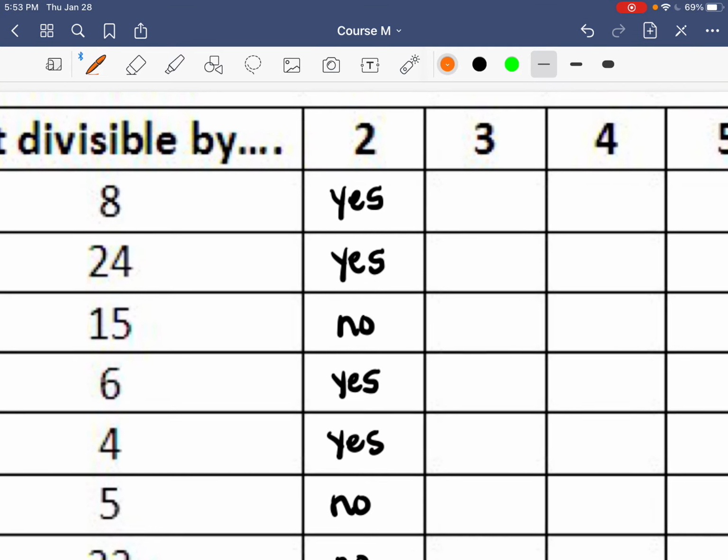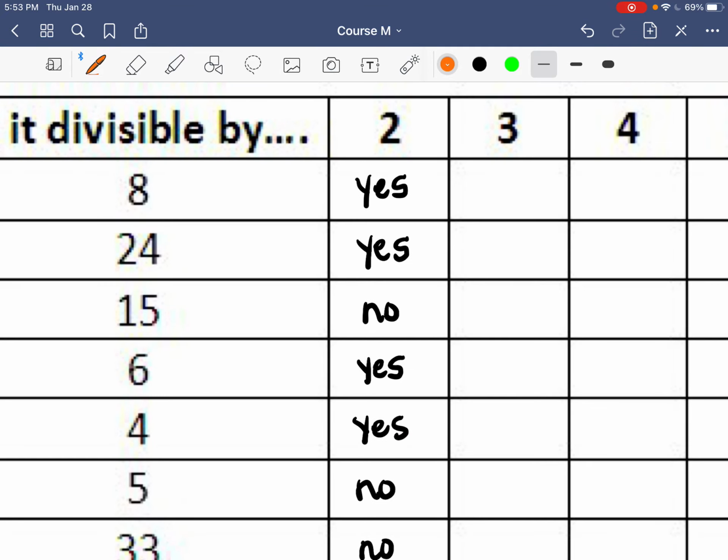So this first one, we have an 8, and that of course is a no. 24, so you would say 2 plus 4, that is 6. That is divisible by 3, so this one is a yes. 1 plus 5 is 6. That one is a yes. The 6 by itself, of course, you can divide by 3.